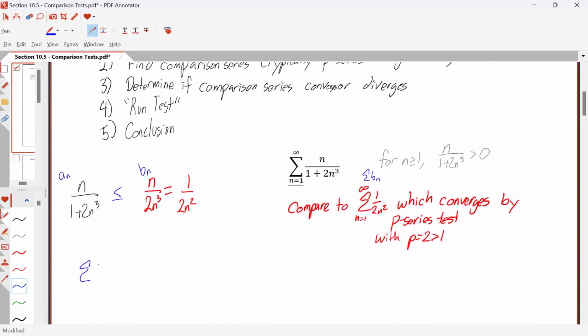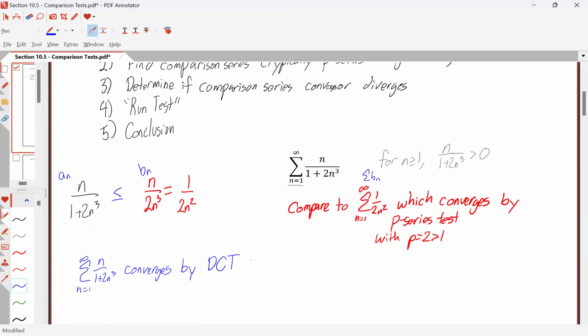So that means our series n over 1 plus 2n cubed from n equals 1 to infinity converges. Remember, the conclusion is that the series converges or diverges, by the test we just did, the direct comparison test.